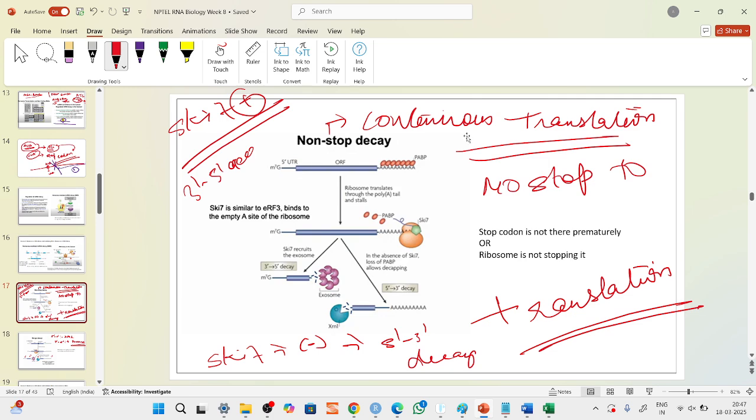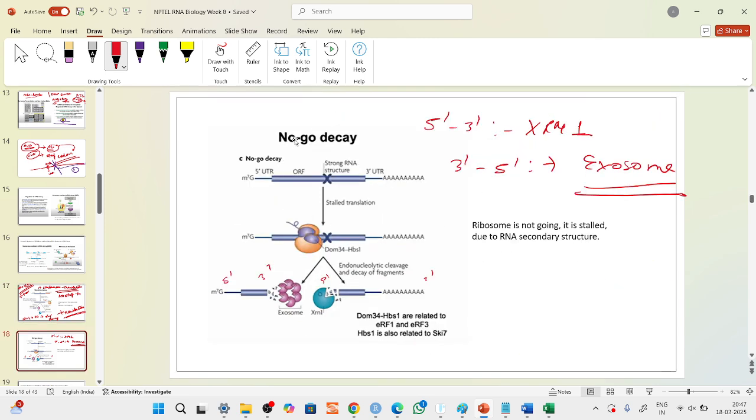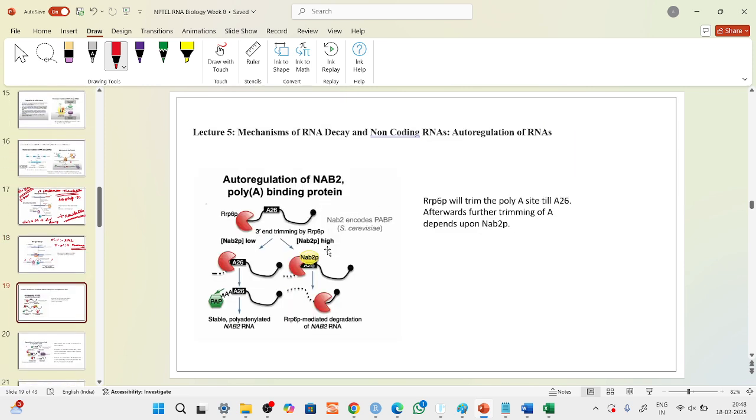In non-stop decay, there is either no stop codon or a stop codon is there, but the ribosome is unable to stop, so that mRNA is also marked for degradation. No-go RNA decay means that some kind of secondary structure forms in the RNA, and because of this there is a halt or stall in the translation process, and then that mRNA is marked for degradation.